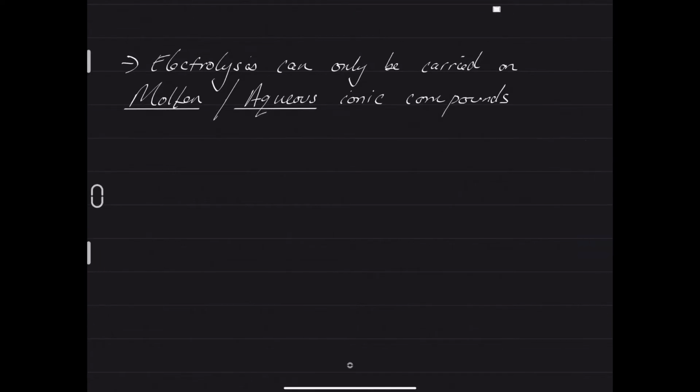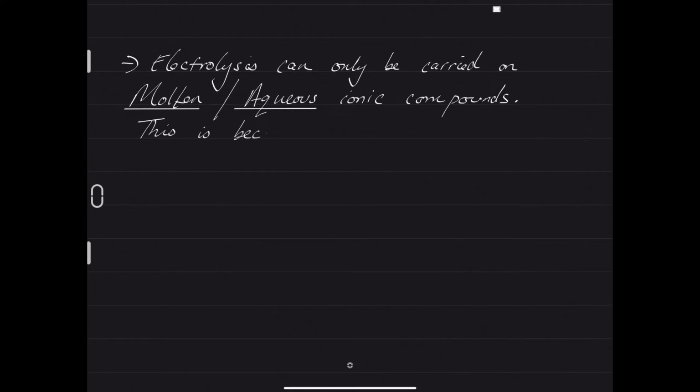Now, this is because their ions are free in these states, molten or aqueous, to move and carry their charge to the electrodes. So can you just write this down, please?